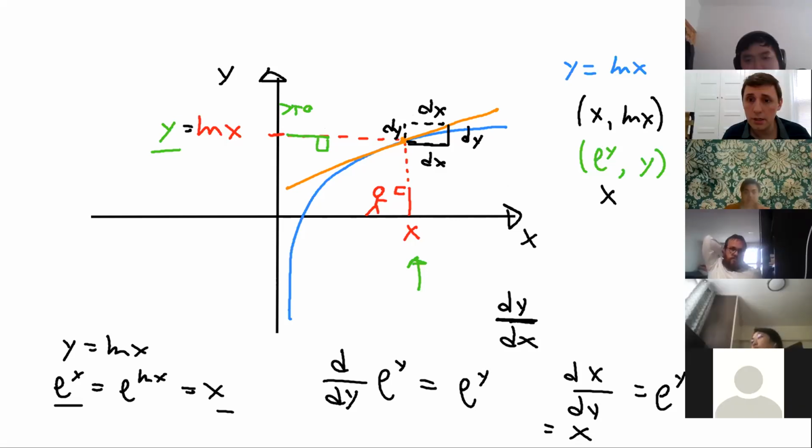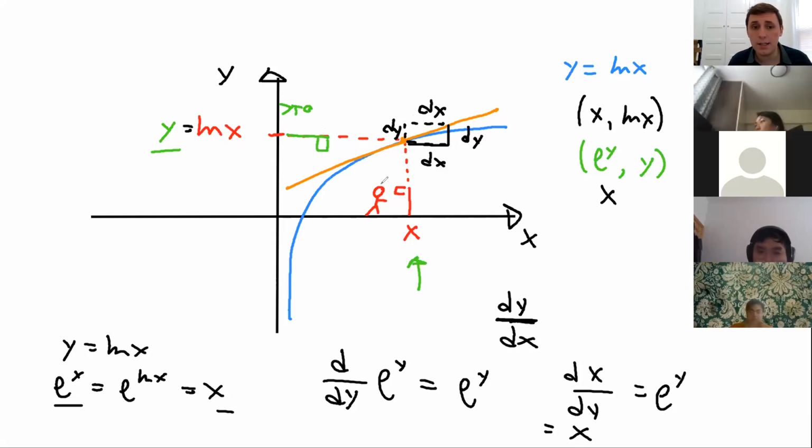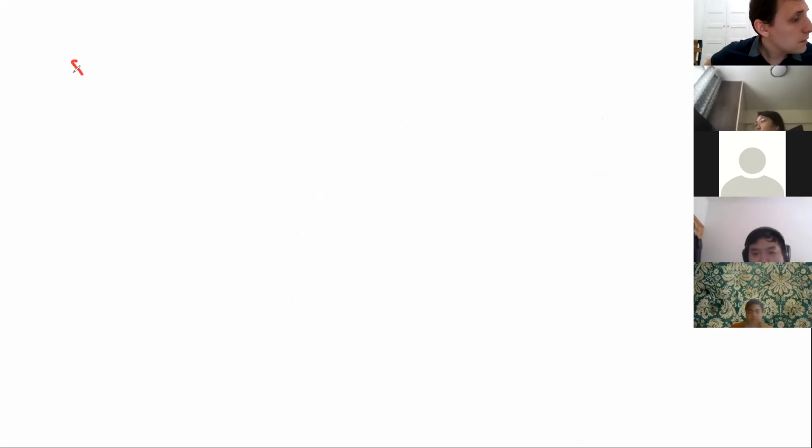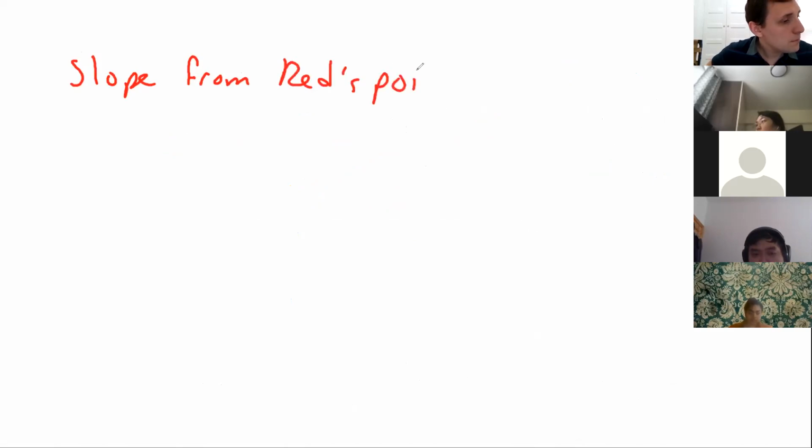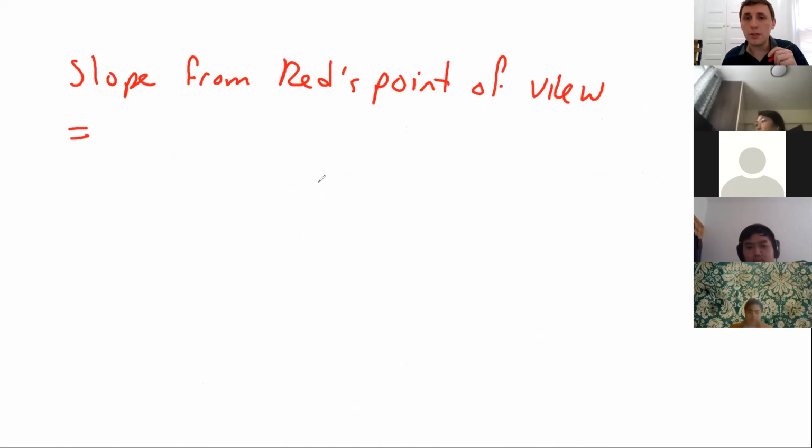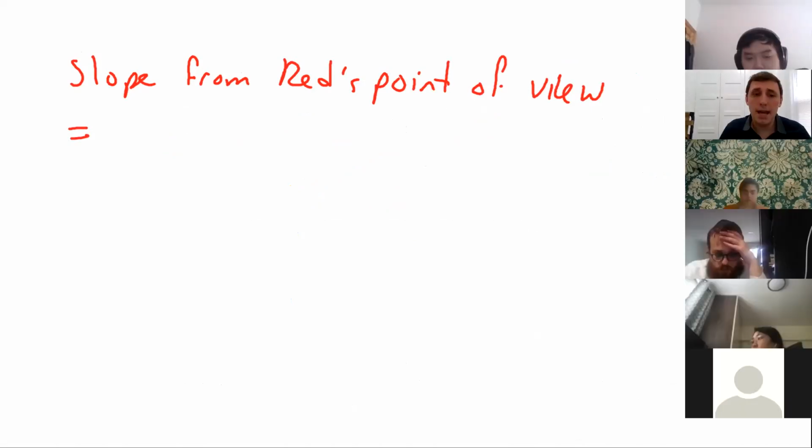Are you following? And then finally, this guy is now reporting the slope from the point of view of red. The slope from the green point of view is x.